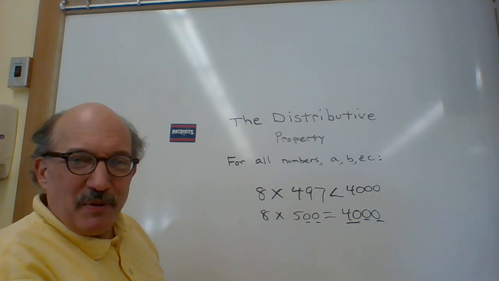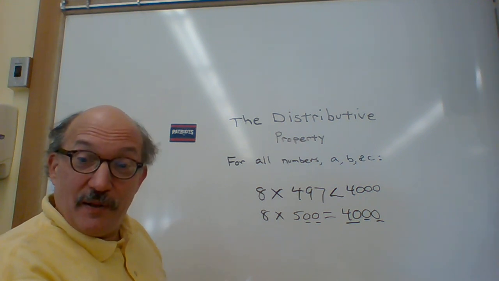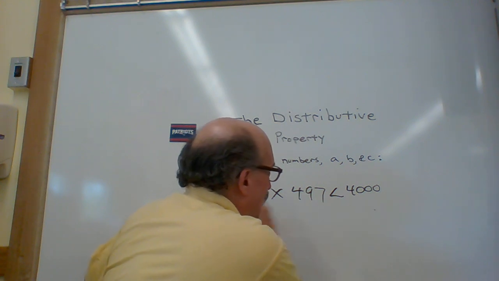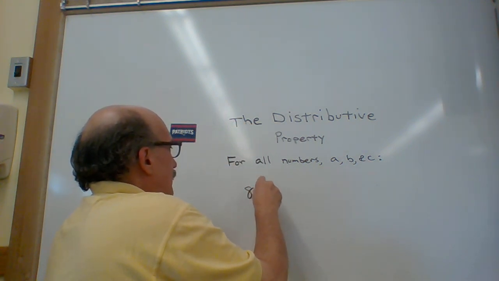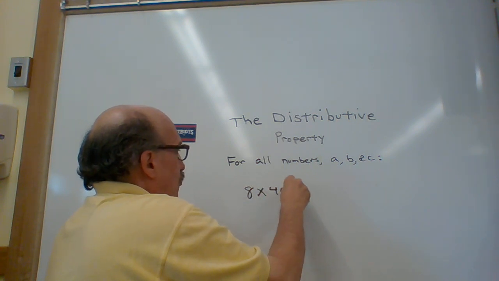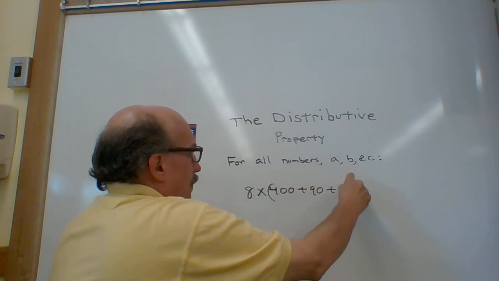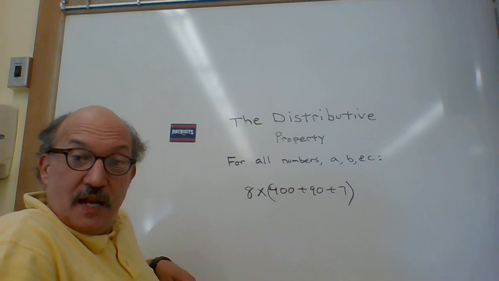We can use the distributive property 2 different ways here. We can use it using addition and also subtraction. That might be kind of cool. Let's do that. 8 times 400 plus 90 plus 7. The number was 497. That's 400 plus 90 plus 7.